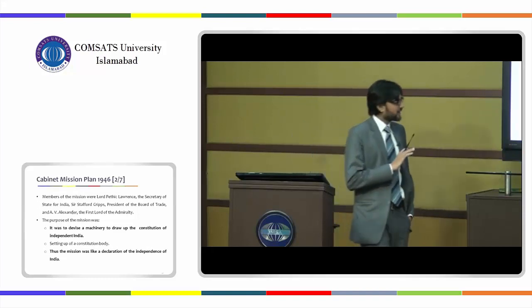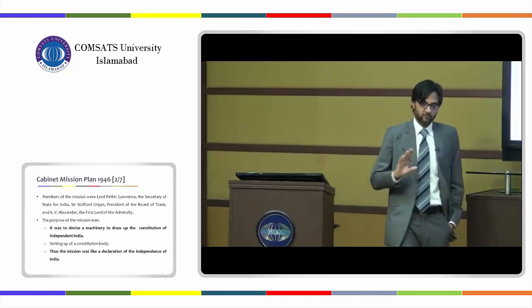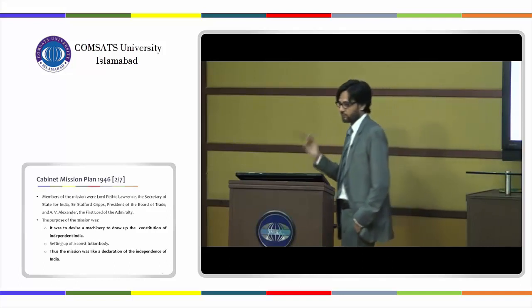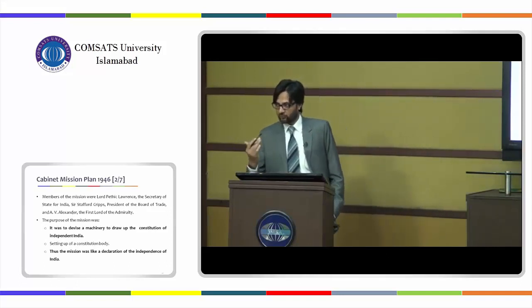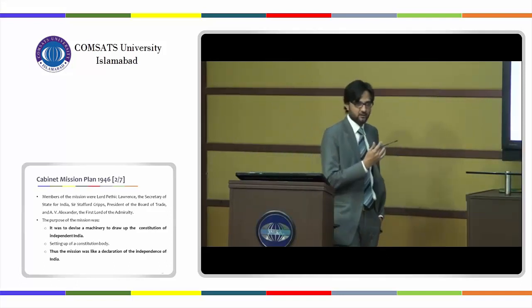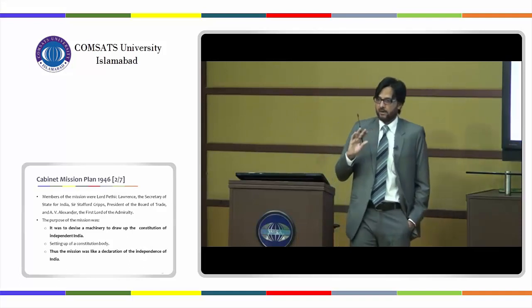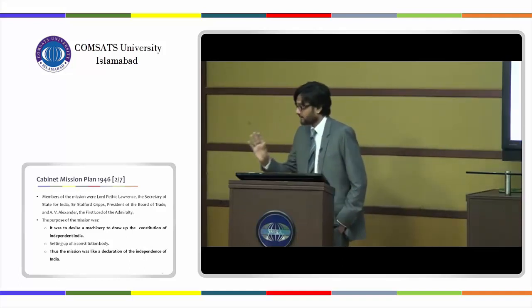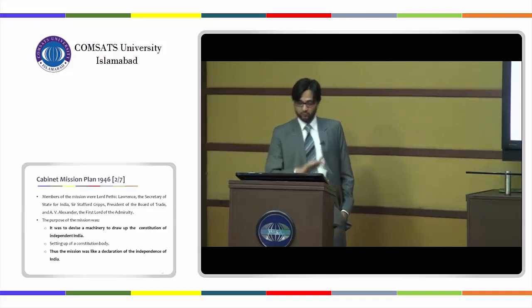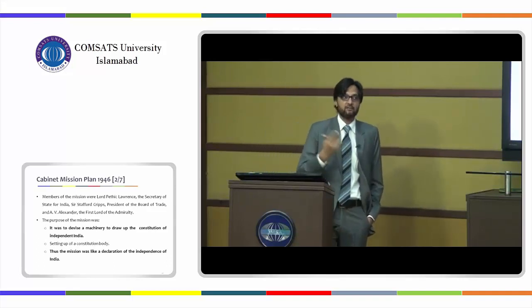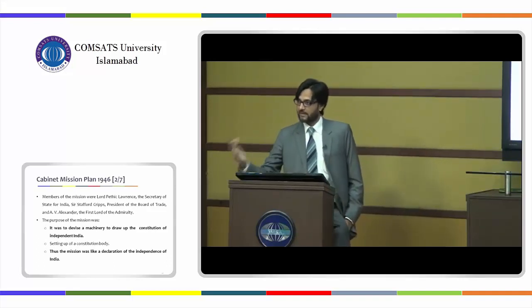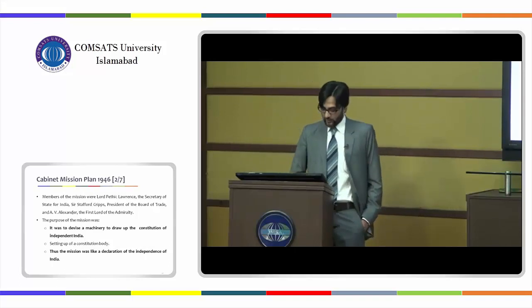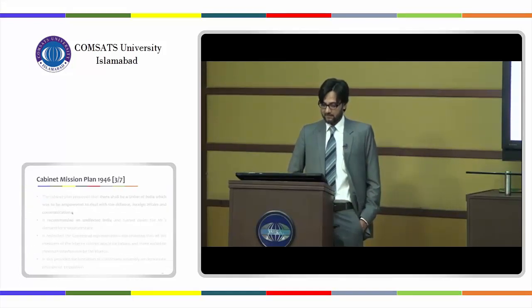So this mission was kind of a declaration of the independence of India. If you go through its proposals and what it was offering at that time, it was a declaration that we are about to give you independence, but these would be the terms and conditions, and you should deal with the transitional phase in such and such manner.